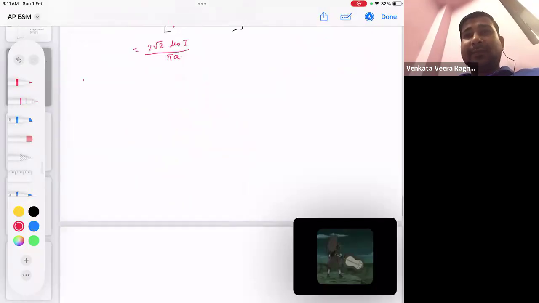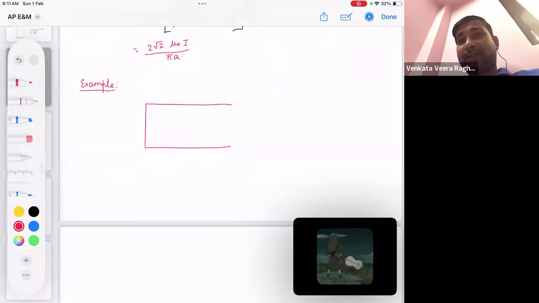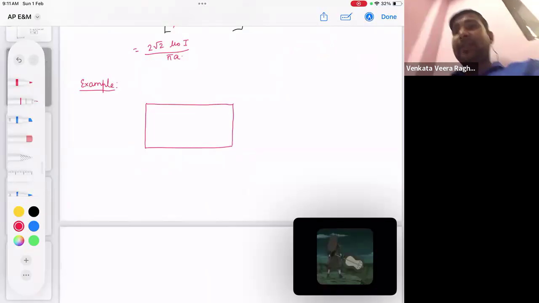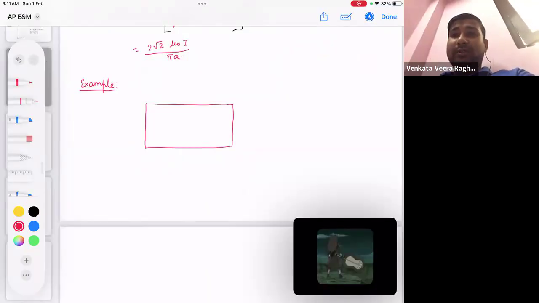In this example, I'm going to take the example of a rectangle. One thing please keep in mind: the angle is not 45 degrees. That is one mistake we make many times whenever we solve the question.